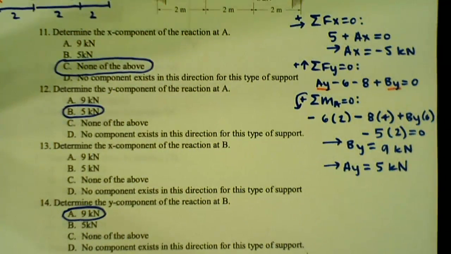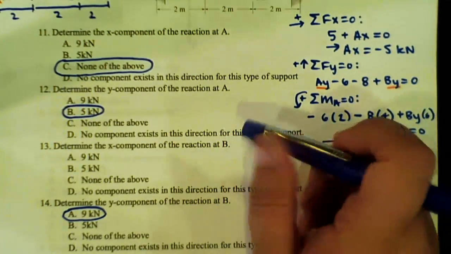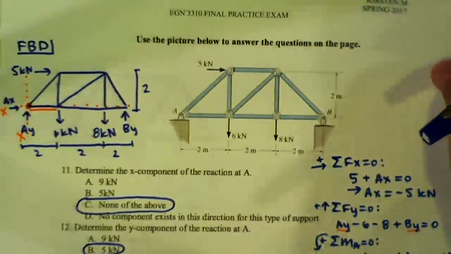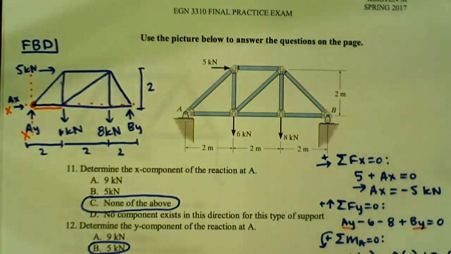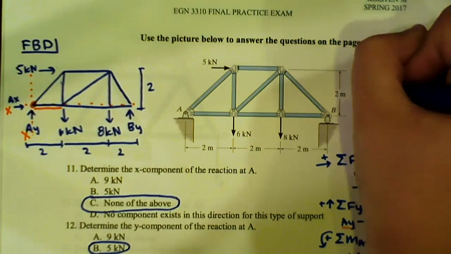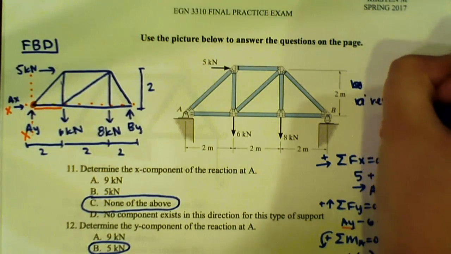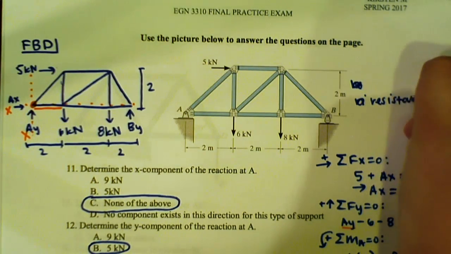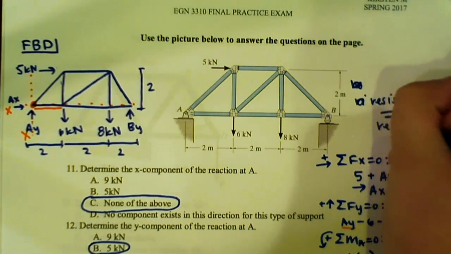Now the only problem we have left is to determine the x component of the reaction at B. We know that B is a roller, and again, for like the 10 millionth time, wherever there's resistance, it means there's going to be a reaction.